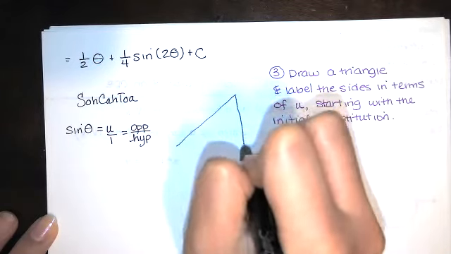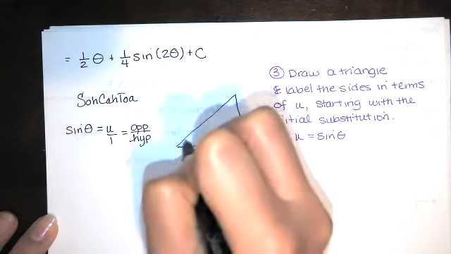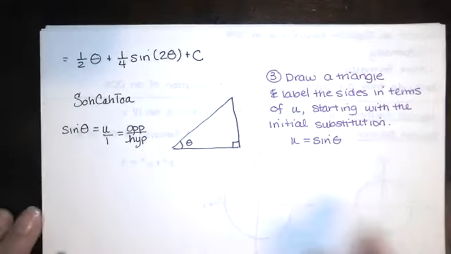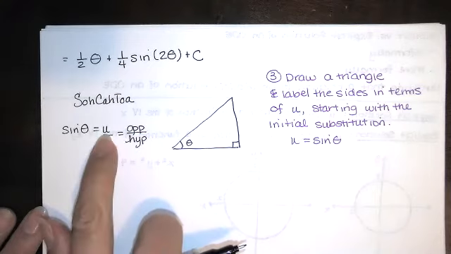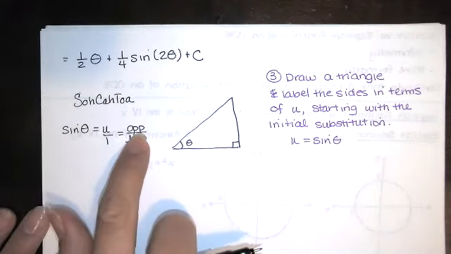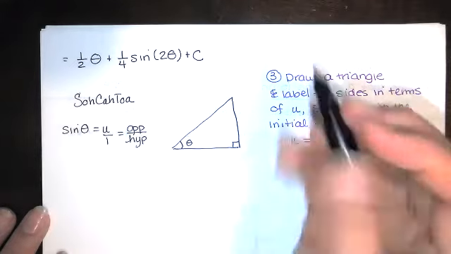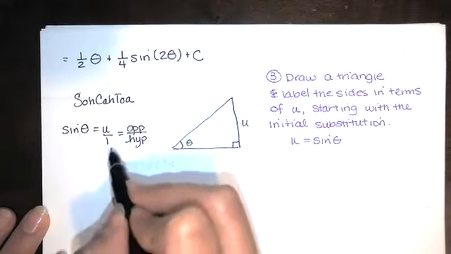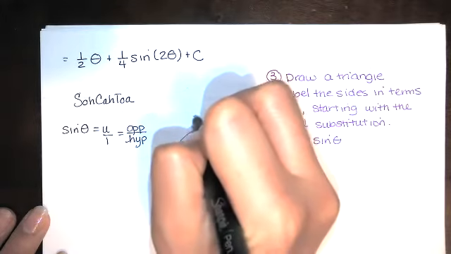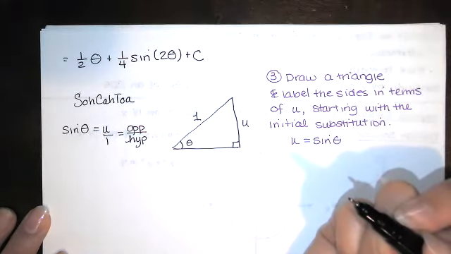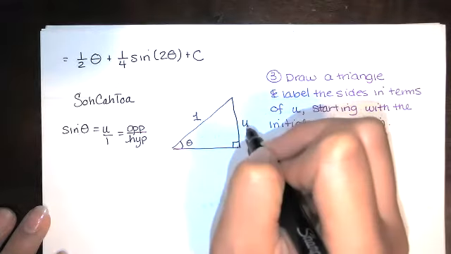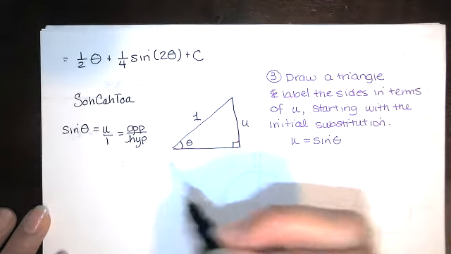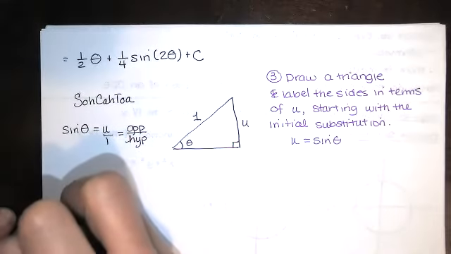So I draw a right triangle. I always put theta over here. It's just a choice, but I always make the same choice. And then if this is theta, I want the side opposite theta to have a length of u. And remember, opposite is across from theta, while the hypotenuse has a length of 1. And then by the Pythagorean theorem, this squared plus this squared equals this side squared. And if I solve for the adjacent side, let's do the arithmetic.